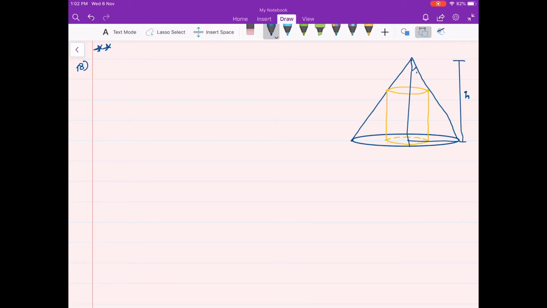Semi-vertical angle is alpha. Let us take capital R as the radius of the cylinder and capital H as the height of the cylinder. Let capital R and H, V be the radius, height and volume of the cylinder.